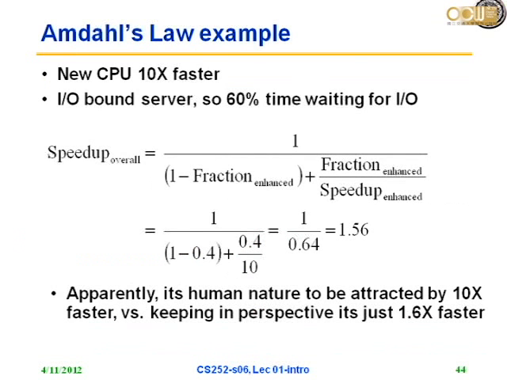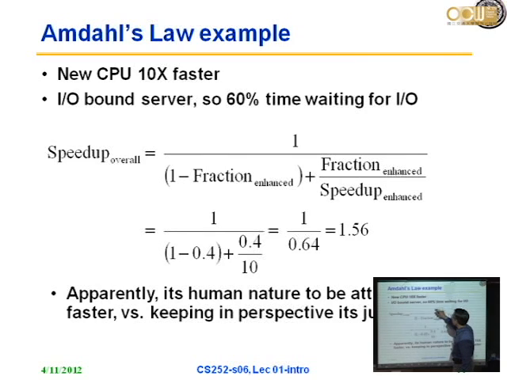So if we have a new CPU which is 10 times faster than the old CPU, but for an I/O-bound server, 60% of time is waiting for I/O. So for the rest 40% of your time, if it's 10 times faster, 40% will become 4%. Okay, and your overall execution time will be 64% of the original execution time.